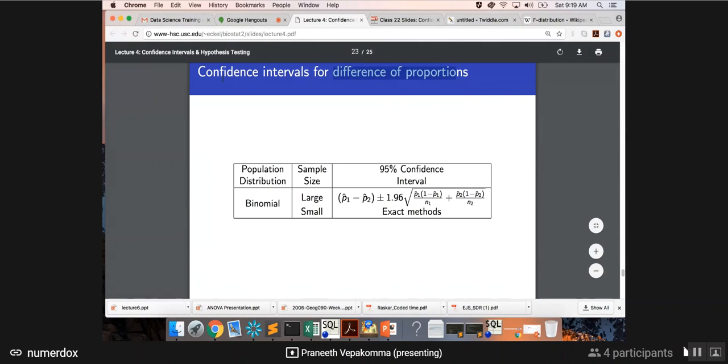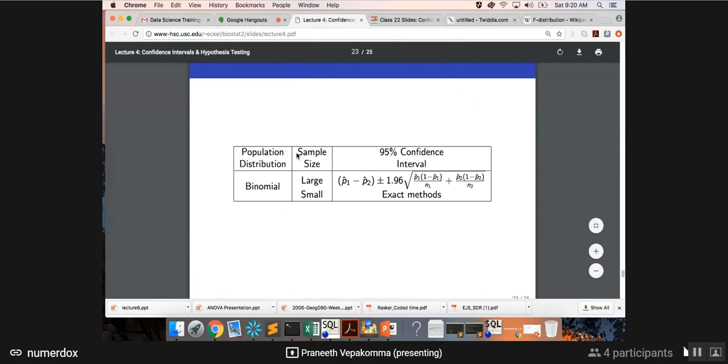It has its own distribution. So you want to account for that variability and come up with a confidence interval for the difference of proportions of ads that were clicked. If you showed a million ads for Samsung Galaxy and a million ads for Apple iPhone, and you see which one was clicked, then you will know what is the difference. Sometimes you might think they are similar, sometimes you might think they're different.